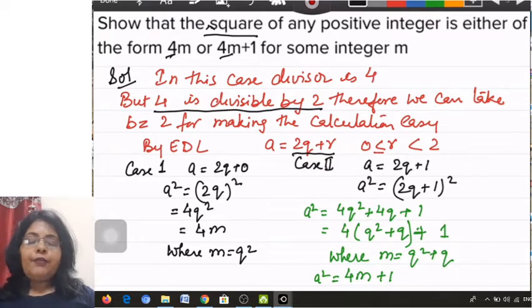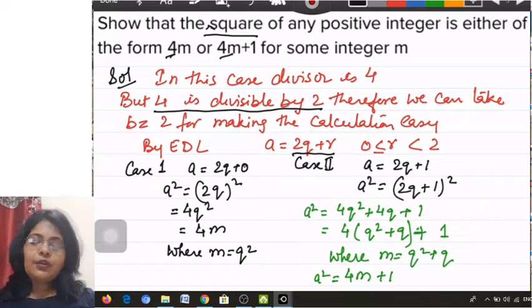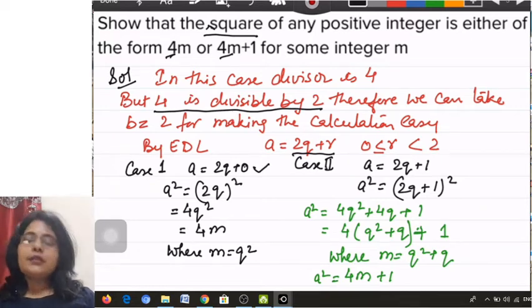And then we will follow the similar method. r is greater than or equal to 0 and less than 2. Then what will be our first case? a equal to 2q plus 0. Now here they are asking about square. So a square will be 2q whole square. Then what does this 2q whole square become?